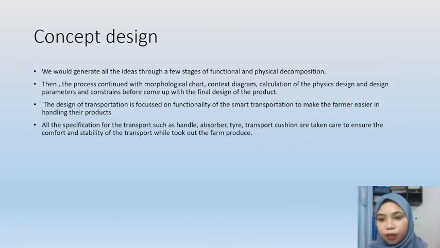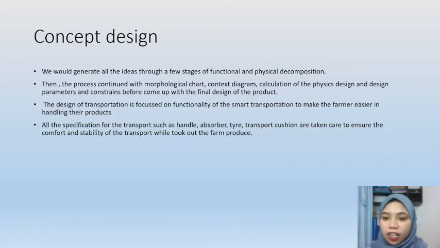design of the product. The design of the transportation is focused on the functionality of the smart transportation in order to make the farmer easier in handling their product. We also want to solve their problem with just this one of our design.